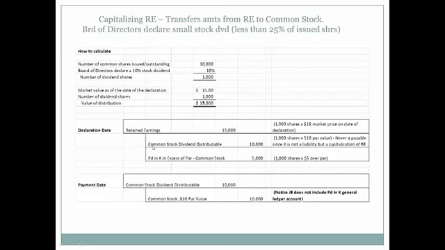Now we are going to credit common stock dividend distributable. Now this is distributable, not payable. There's a difference. This represents to readers of the financial statements that this is going to be a stock dividend, not a cash dividend. So it's the 1,000 shares times the $10 par value associated with the common stock.